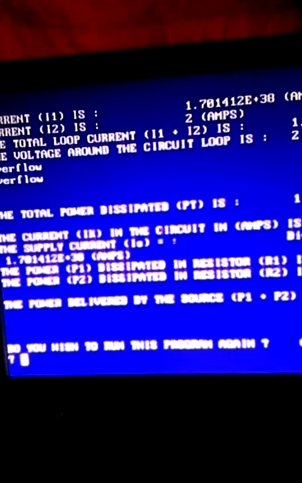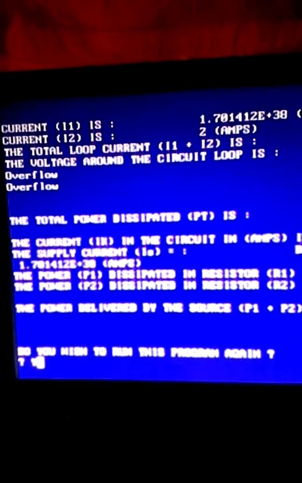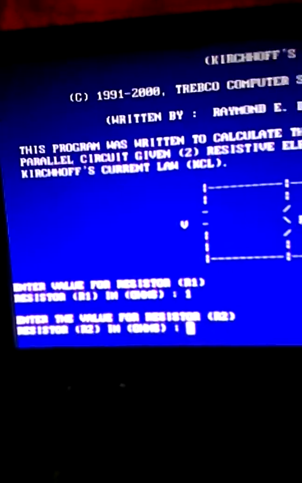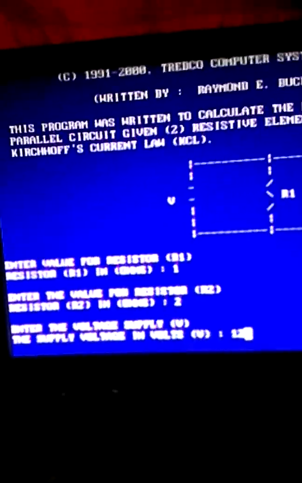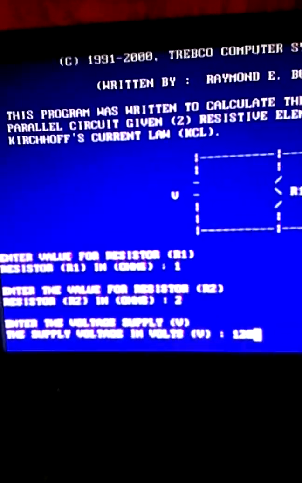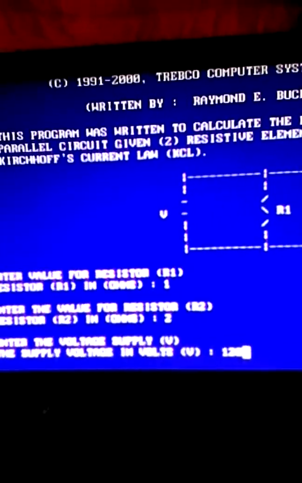Oops. Made a mistake. You got to put voltages in. Now, resistor 1, R1 is 1 ohm. Resistor 2 is 2 ohms.